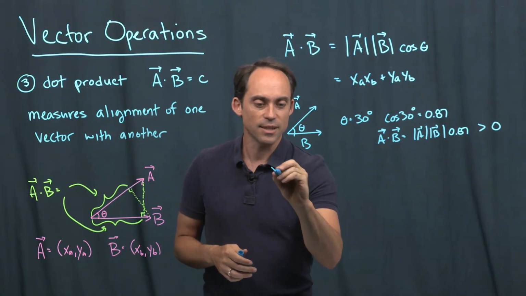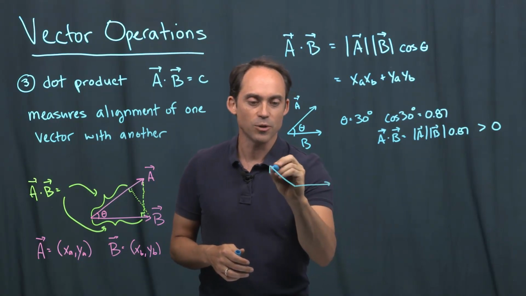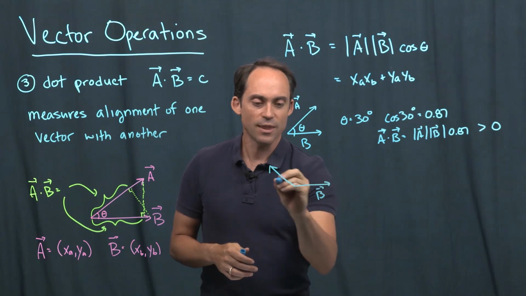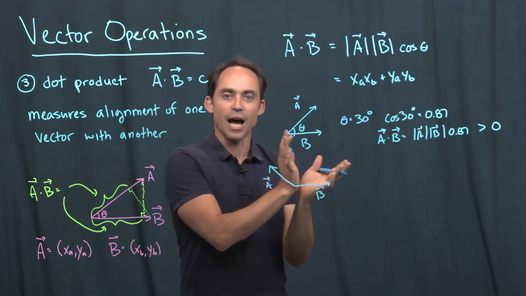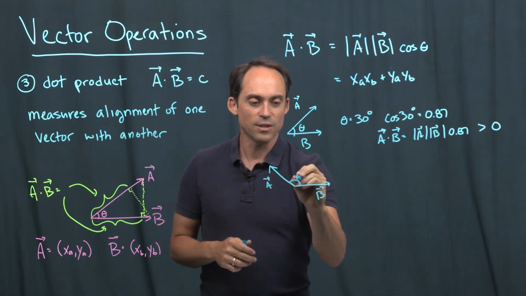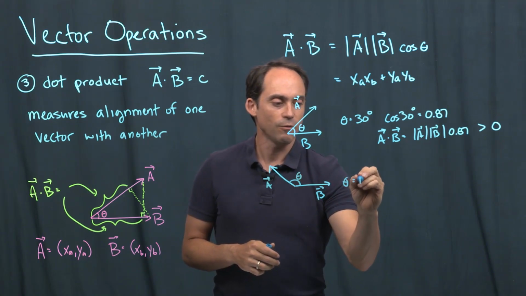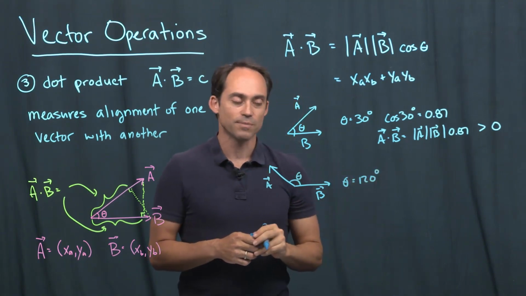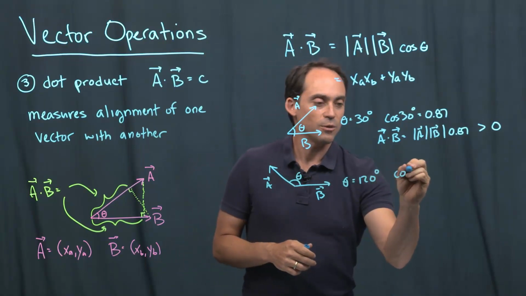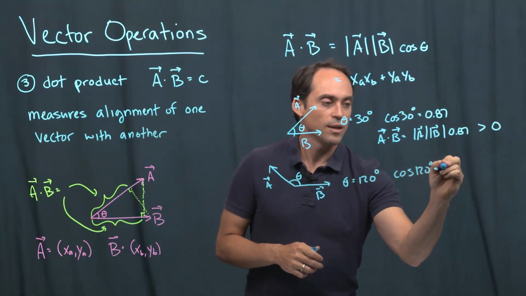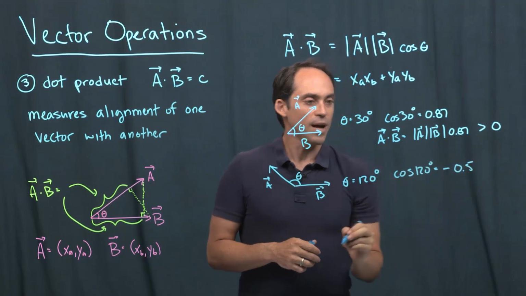The opposite case is, let's say we have the two vectors that are separated by a much wider angle, so that they in general point in slightly opposite directions. And so this angle theta might be, for example, 120 degrees. Well, the cosine of 120 degrees is equal to minus 0.5.